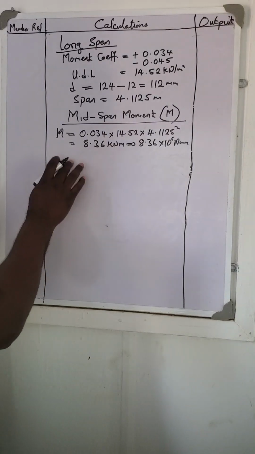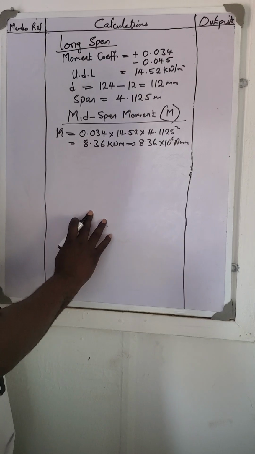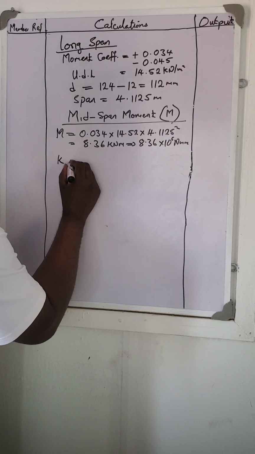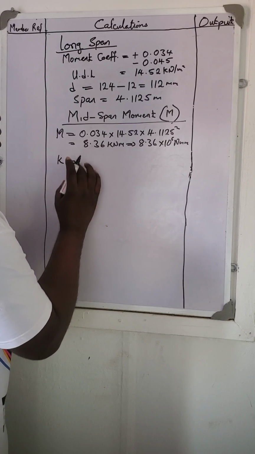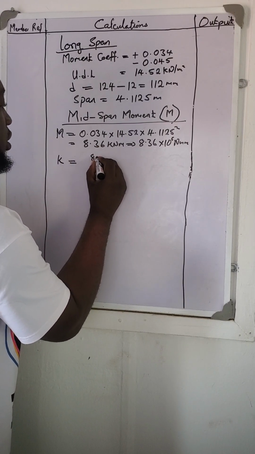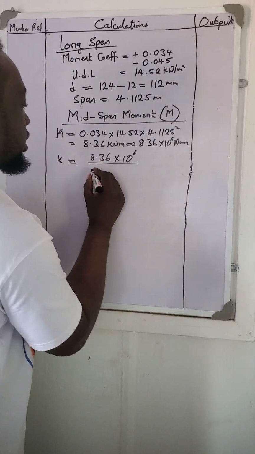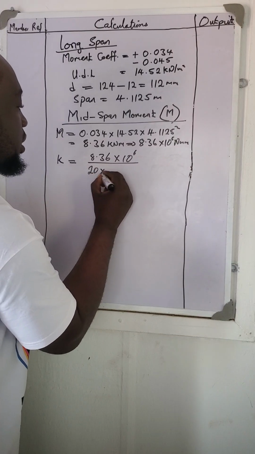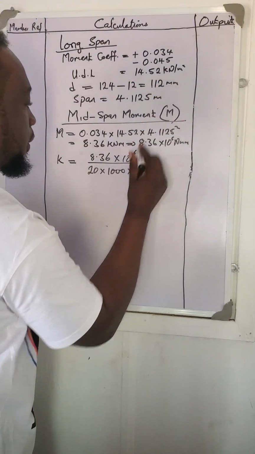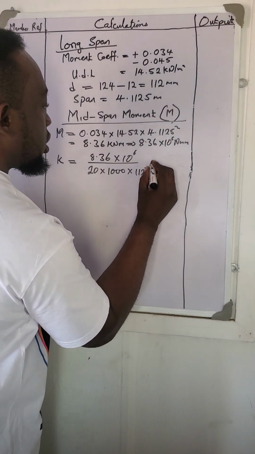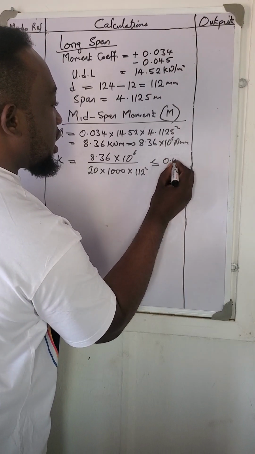Now, we move straight to calculating for K, the level unknown. K is equal to moment, that's 8.36 multiplied by 10 raised to the power 6, over concrete strength 20 multiplied by B, which is 1000, multiplied by D squared, 112 squared. This must be less than or equal to 0.156.